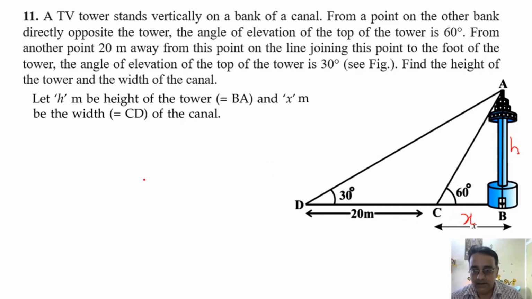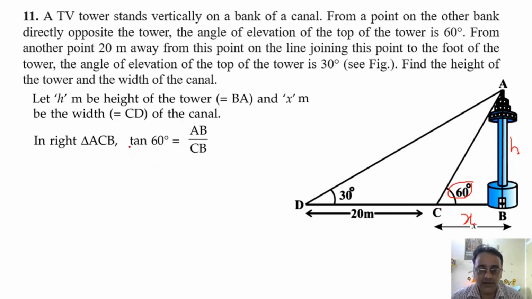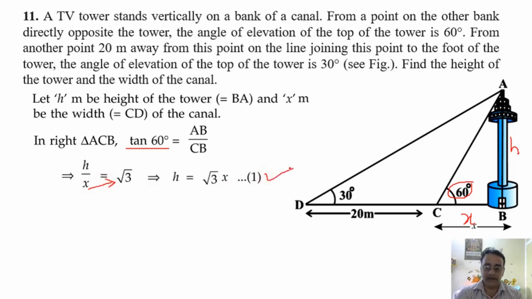Now in right triangle ACB, tan 60 degree is equal to AB upon CB, that is h upon x. What is the value of tan 60 degree? Root 3. So root 3 is equal to h upon x. If we cross multiply, we will get h is equal to root 3 into x. Let it be equation number 1.